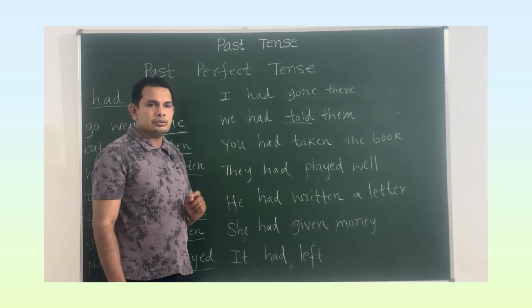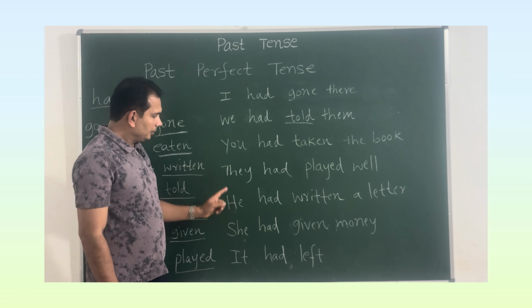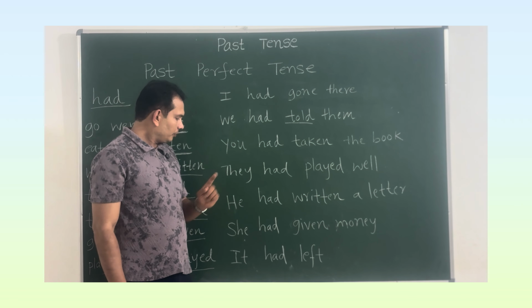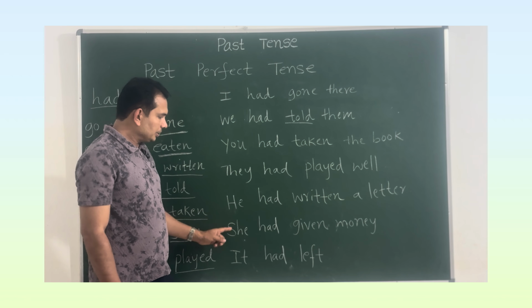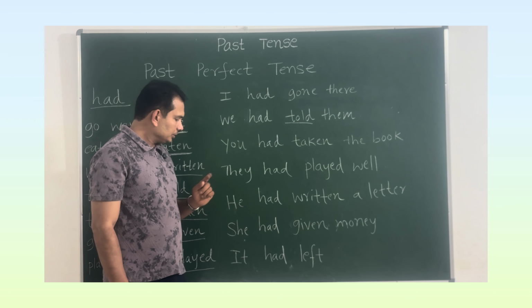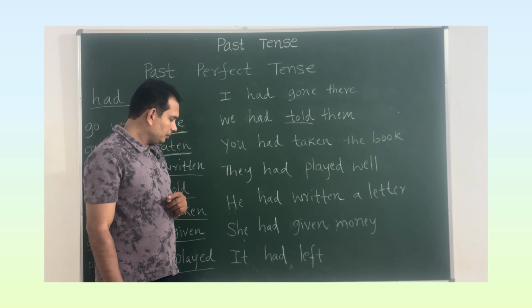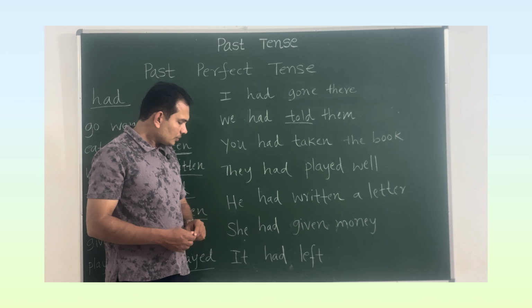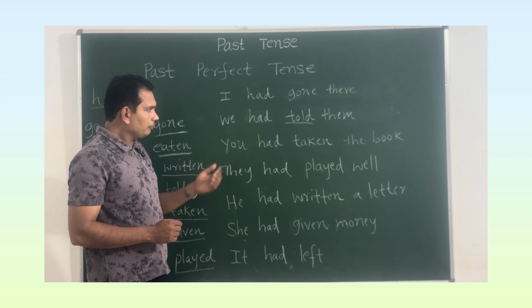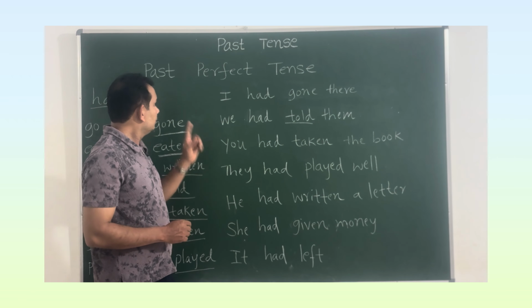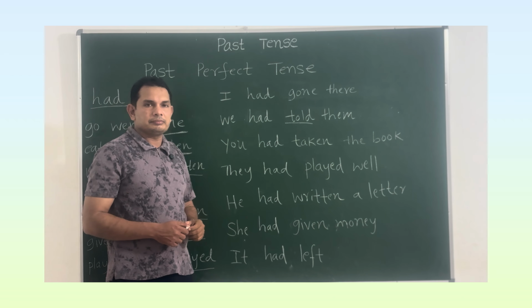They had not played well. He had written a letter. He had not written a letter. She had given money. She had not given money. It had left. It had not left. This is the way we form negative sentences in the past perfect tense.